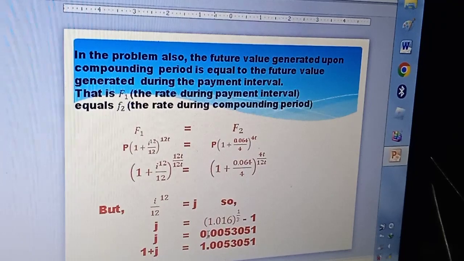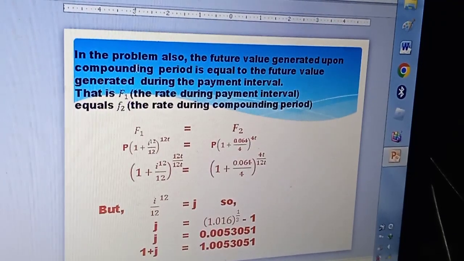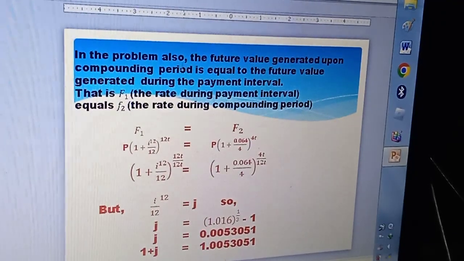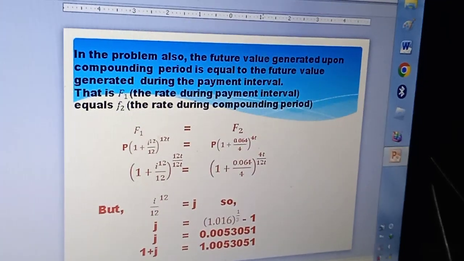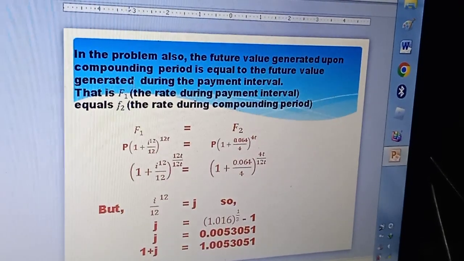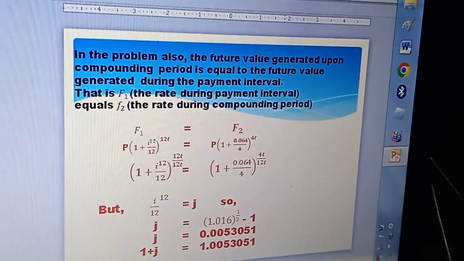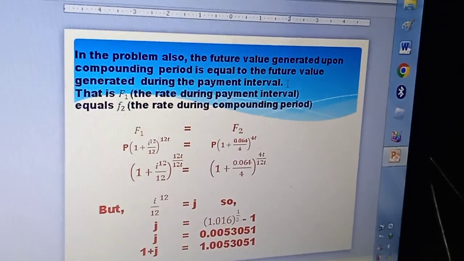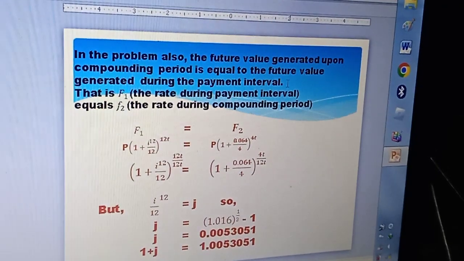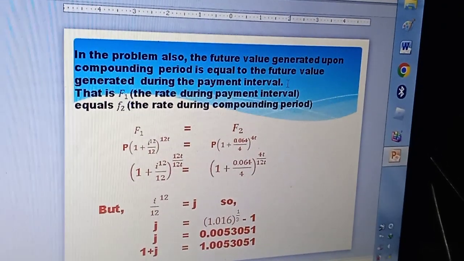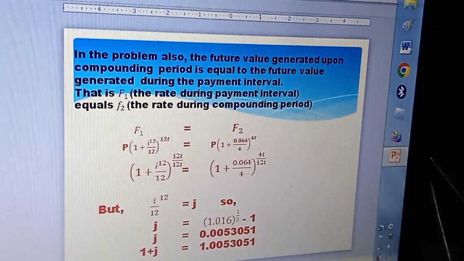In the problem also, the future value generated during the compounding period is equal to the future value generated during the payment period. So their future values are just equal.